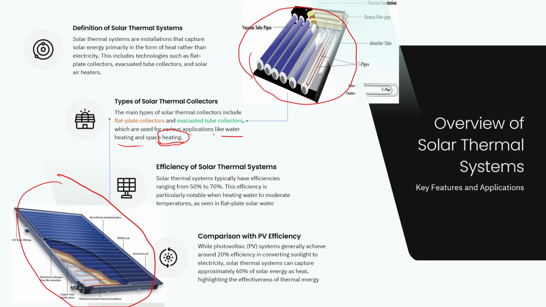The efficiencies of solar thermal systems are quite high compared to PV systems, but keep in mind we are not talking about electricity generation, just water heating. The efficiencies range from 50 to 70%. If you compare with PV, PV generally achieves around 20% efficiency in converting sunlight into electricity, but solar thermal can capture about 60% of solar energy as heat, right?